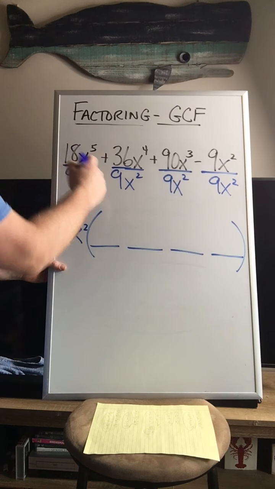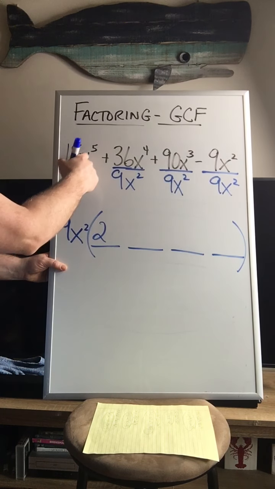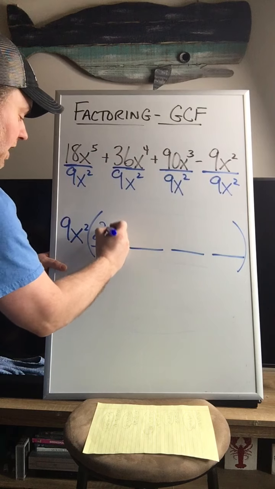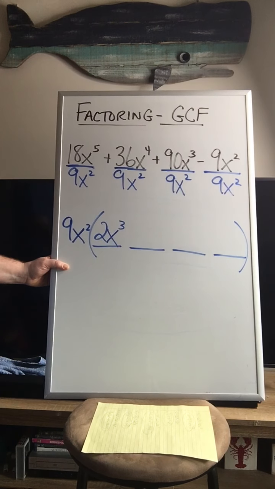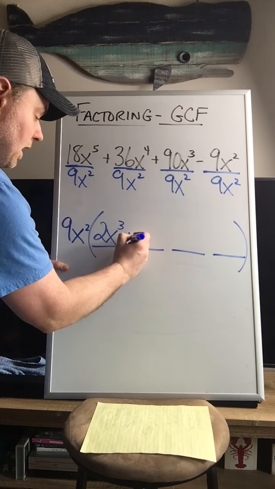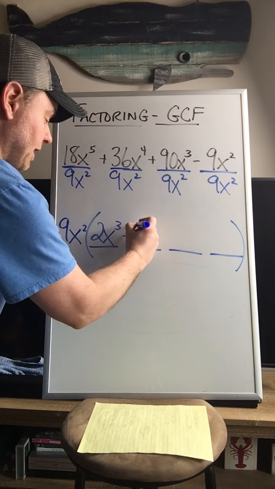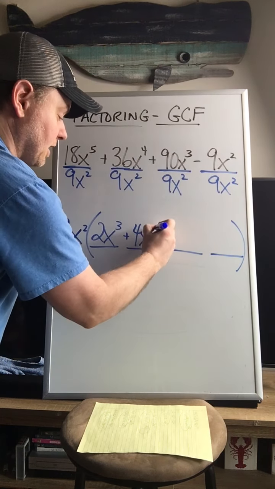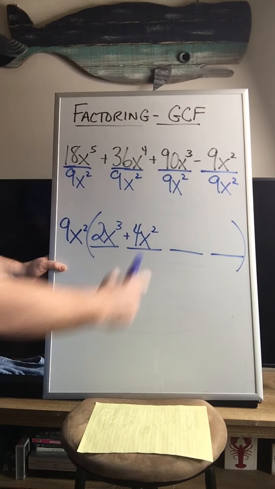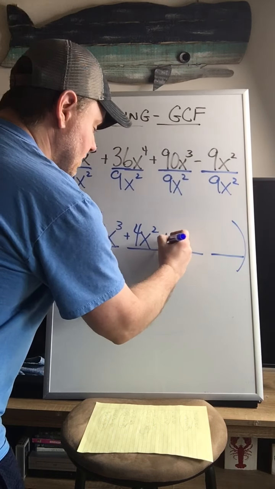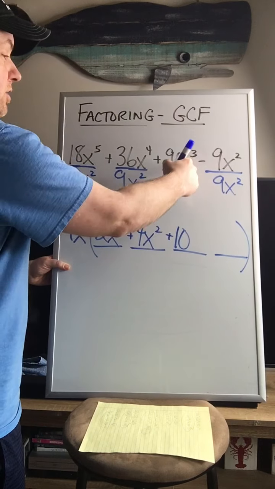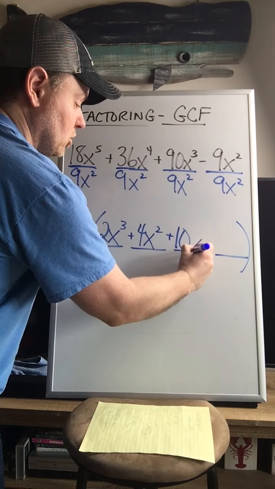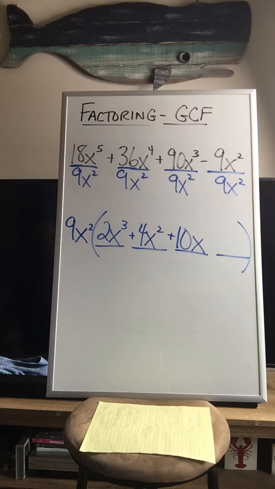So 18 divided by 9 is 2, and x to the 5th divided by x to the 2nd will be x to the 3rd for that first one. Plus 36 divided by 9 is 4, and x to the 4th divided by x to the 2nd is x to the 2nd, right? 90 divided by 9 is 10, and x to the 3rd divided by x to the 2nd will just be x to the 1st.